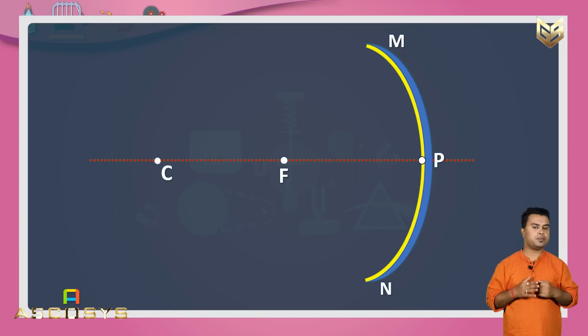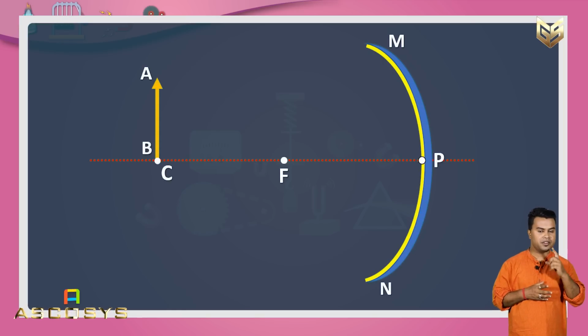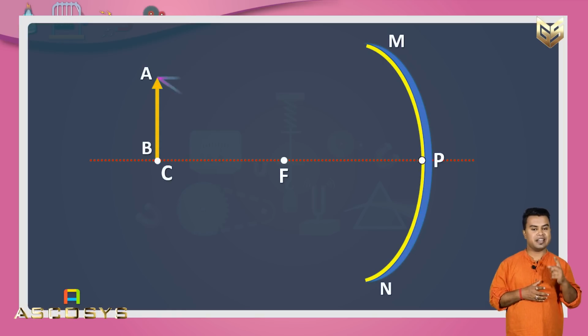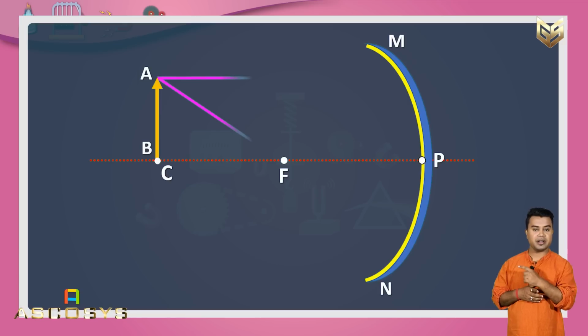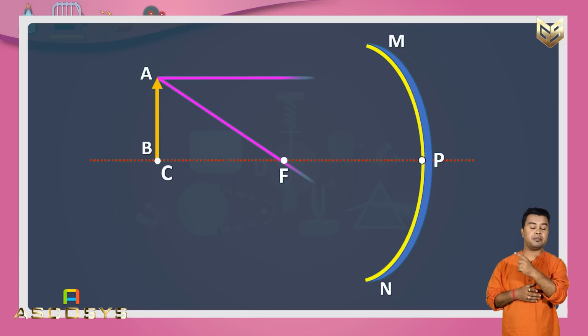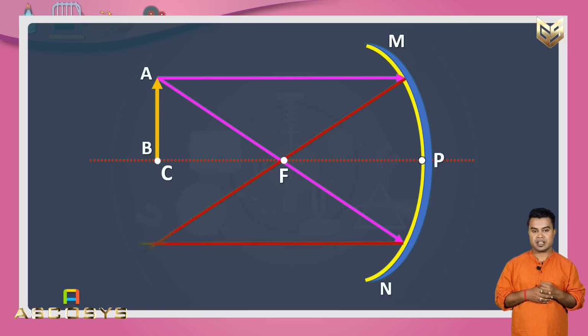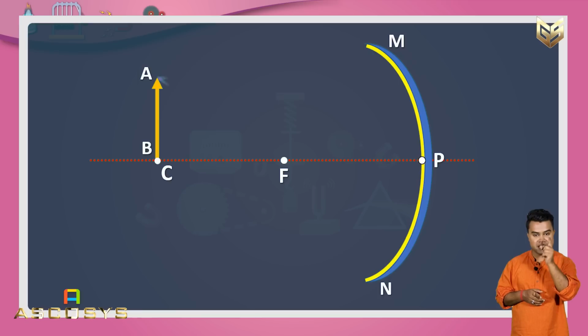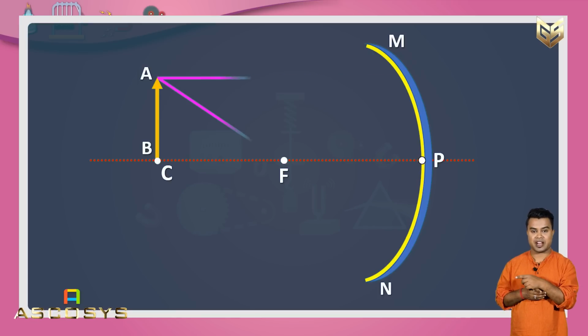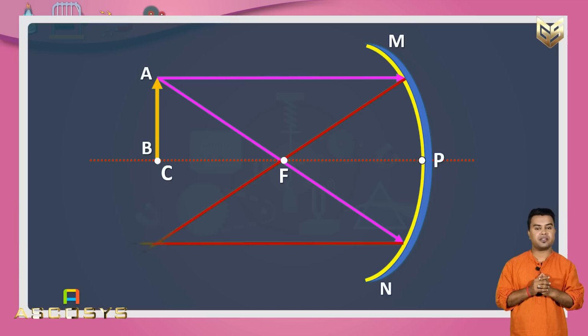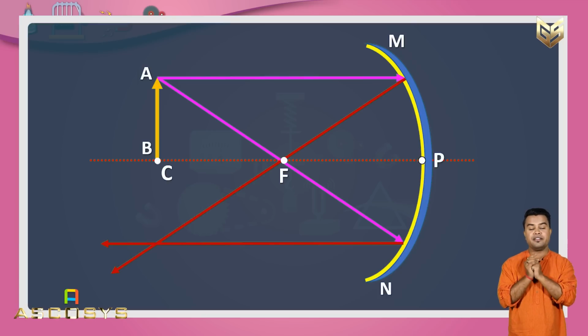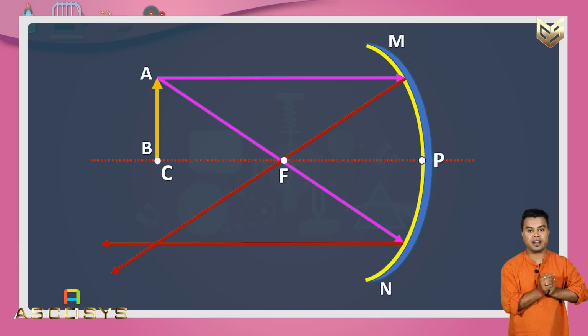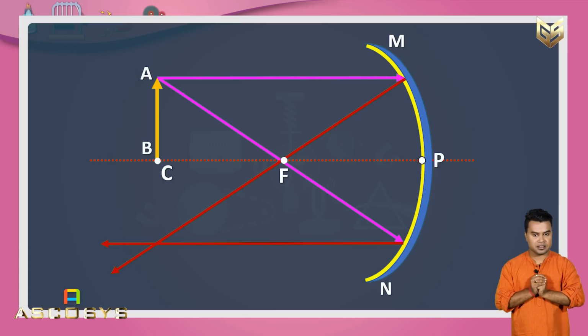Now, when the object is kept at C, the first ray from the object will strike the mirror parallel to the principal axis and come through the focus. And what about another ray which is going through the focus, the incident ray going through the focus and striking the mirror. Then if you make the normal to the center of curvature, the reflected ray has to reflect parallel to the principal axis.